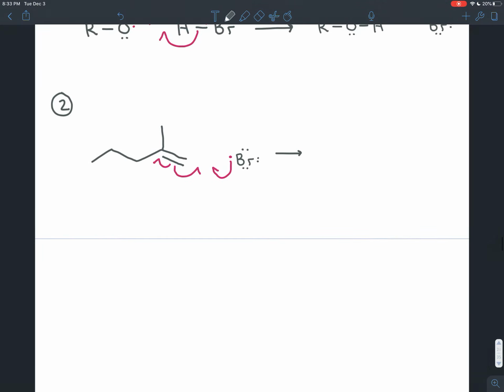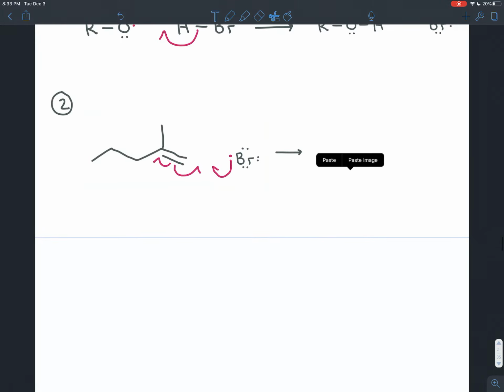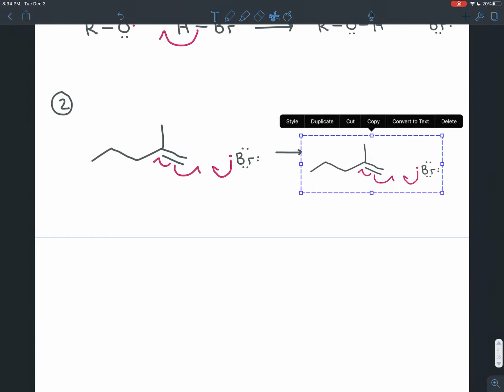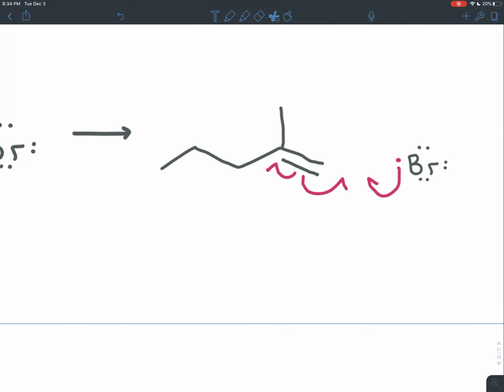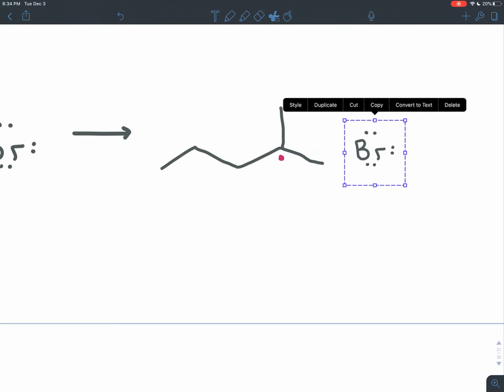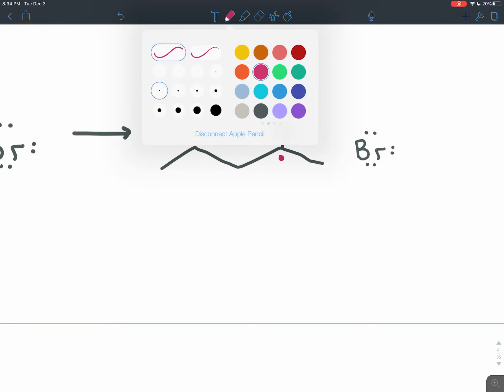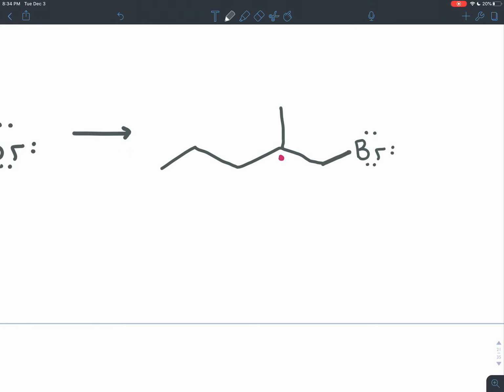So when you do that reaction, this pi bond breaks, one of the electrons goes onto this tertiary carbon, the more substituted carbon, to give you the more stable radical, and the other electron pairs up with an electron from the bromine to form a new bond.